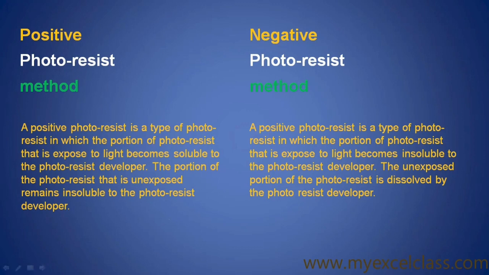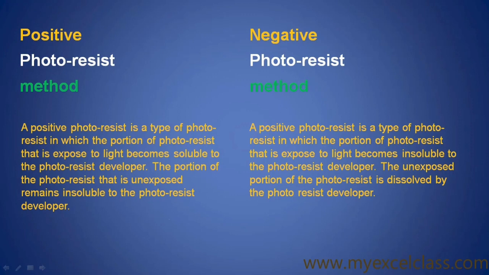Now the negative photoresist. The negative photoresist is a type of photoresist in which the portion that is exposed to light becomes insoluble.